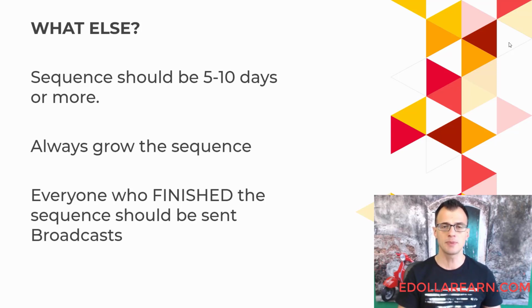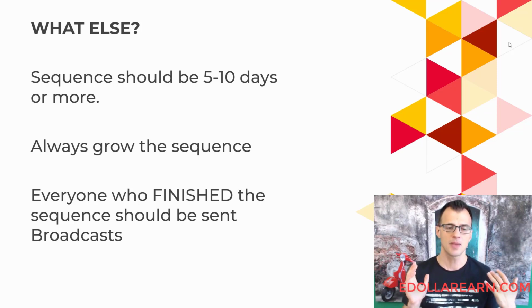You should also always be growing the sequence. Your long-term goal is to have a sequence of 90 days, maybe even 180 days, that will automatically be marketing to your subscribers forever, because you want to automate your business as much as possible. But start with 5 to 10 days and then grow it as you improve your skills and knowledge.